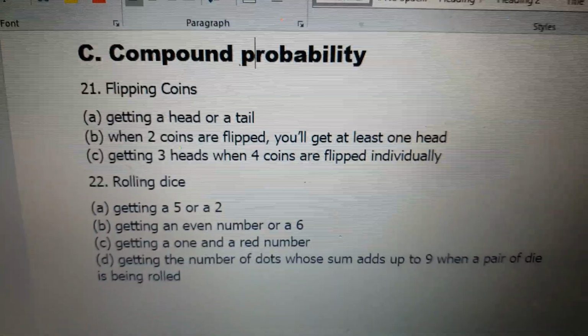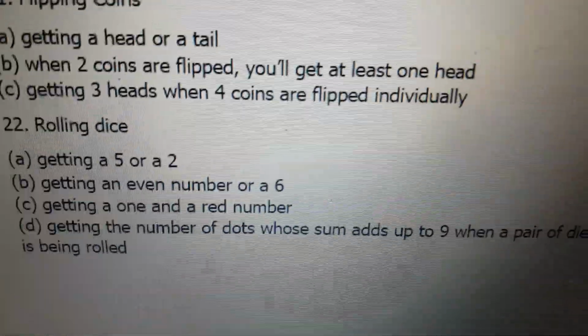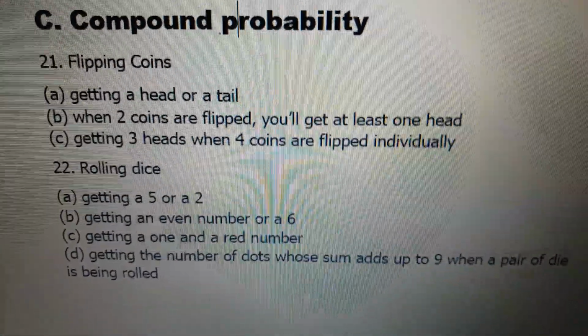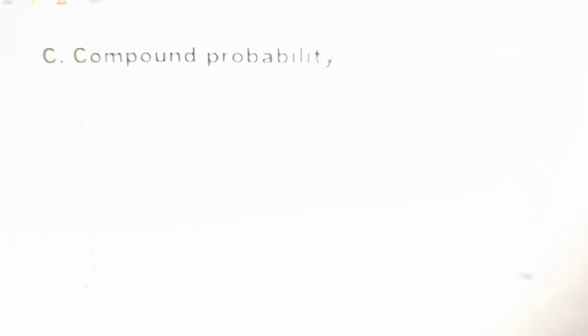Next, number 3. Getting a 1 and a red number. See, there's an "and," which means multiplication rule. Remember, a die is rolled twice. Your first roll, you want to get a 1. And then the second one is to get a red number.